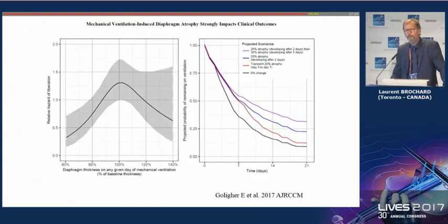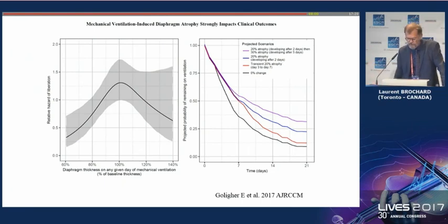After the first study, Ewan decided that we needed to know whether this diaphragmatic atrophy or this increase in thickness was associated with outcome. Laurent, could you conclude, please? Okay. I showed you some previous data showing it's associated with weaning.